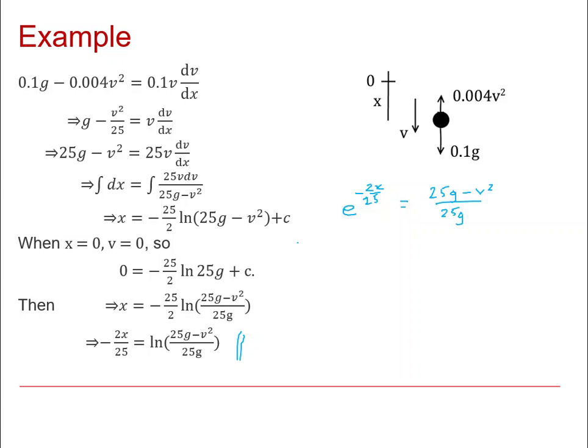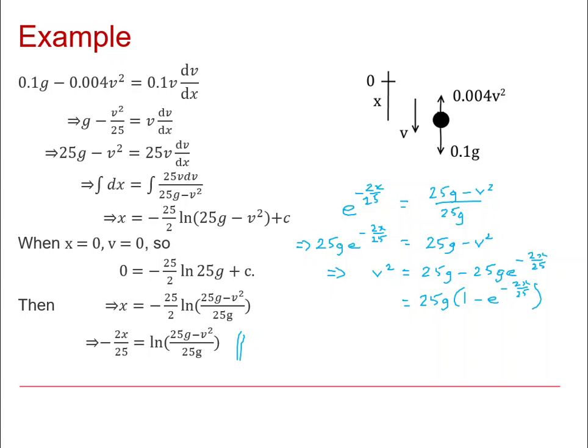Then if I multiply by 25g, I'll get 25g times e to the minus 2x over 25 equals 25g minus v squared. So we're one line away from v squared equals now. So v squared on the left equals 25g minus 25g e to the minus 2x over 25. So that's 25g times 1 minus e to the minus 2x over 25.